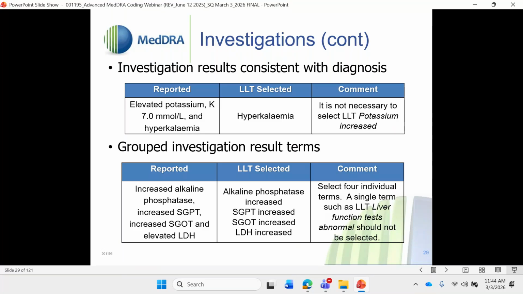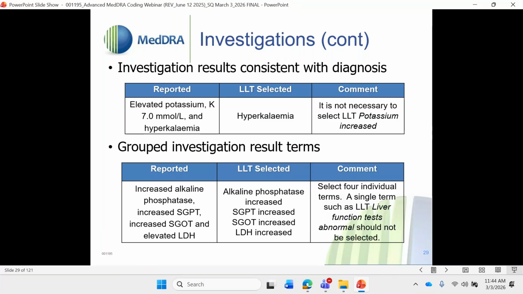You have to code each one individually. Find the corresponding code, like SGPT increased, SGOT increased, LDH increased, and alkaline phosphatase increased. Why? Because they're all reported as individual lab results. There's no diagnosis there, or even provisional diagnosis. In that case, just select 4 individual terms.